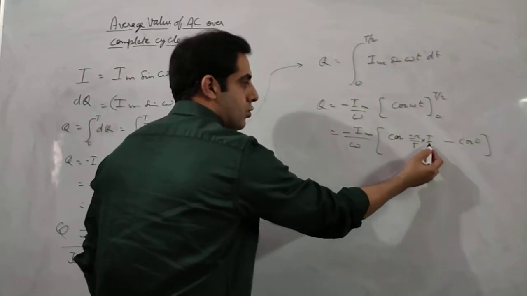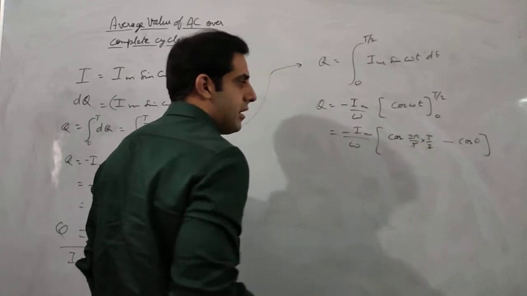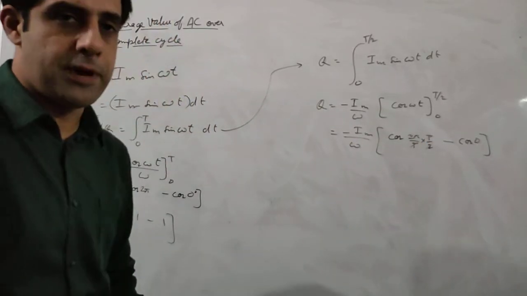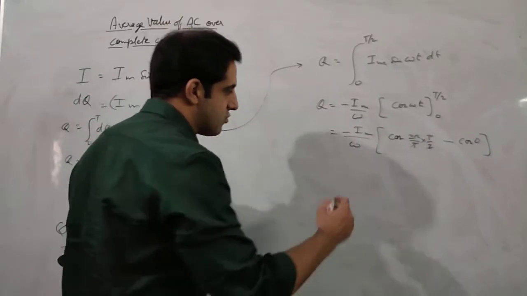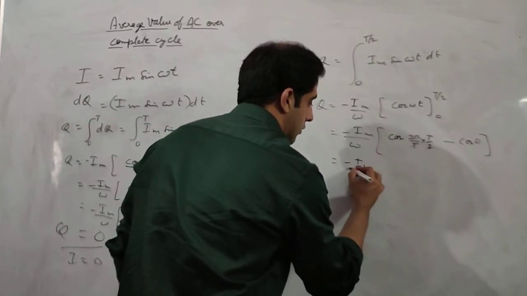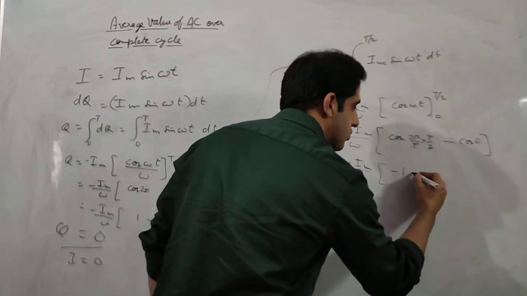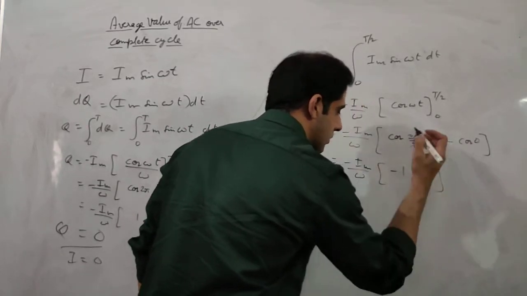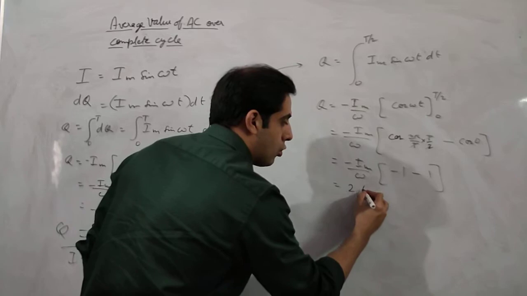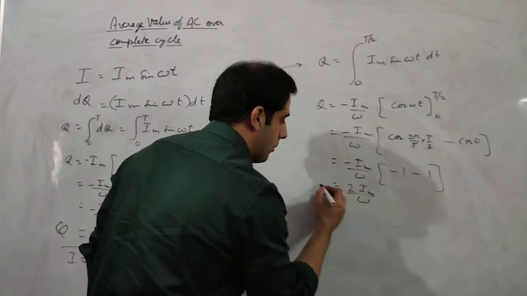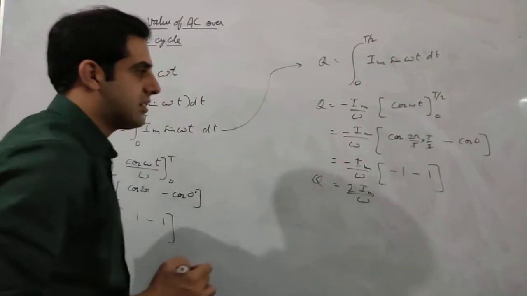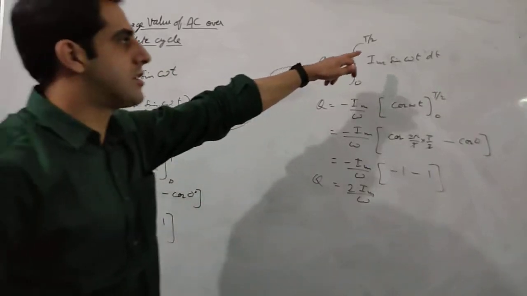So this 2 will get cancelled, T will get cancelled, all that is left is cos pi, and cos pi is minus 1. So we will have minus Im by omega into minus 1 minus 1, so we will get 2 Im by omega. This will be the total charge that is flowing over half the cycle.